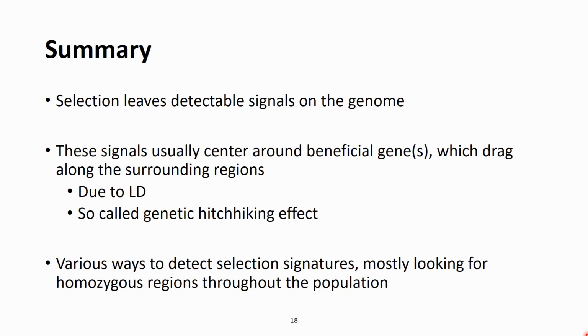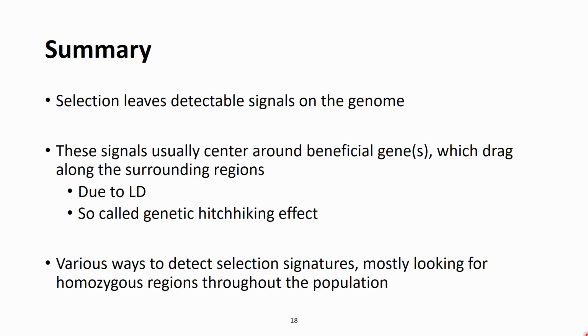And if this nucleotide or this gene is a very important one from the viewpoint of selection, then this spreads in the population, and with it its surrounding regions as well. So we actually see these small parts of the genome that are the very same in the entirety of the population.